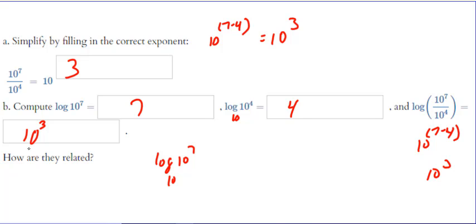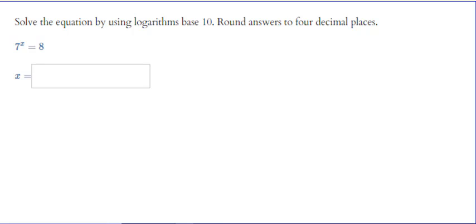So it really should just be log of 10 to the 3rd, right? But they're going to just put 3. Note that you're going to need to put 3 if you're going to get the answer correct on this one, okay?